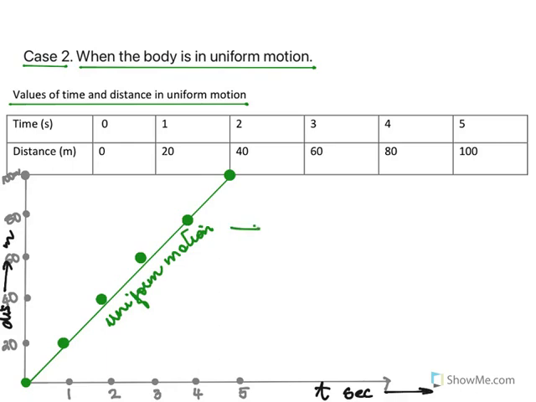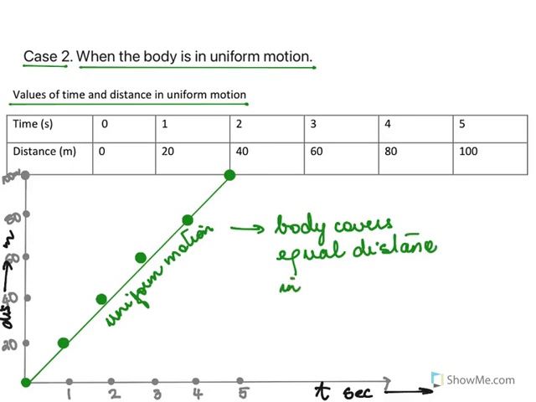And if you can recollect what is uniform motion: when a body covers equal distances in equal intervals of time. So when a graph is a straight line, we have uniform motion.